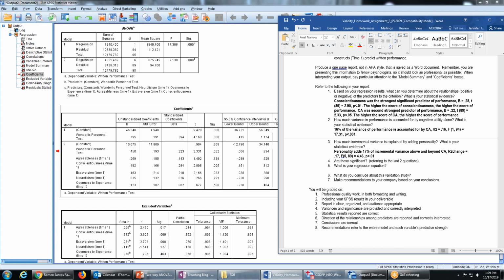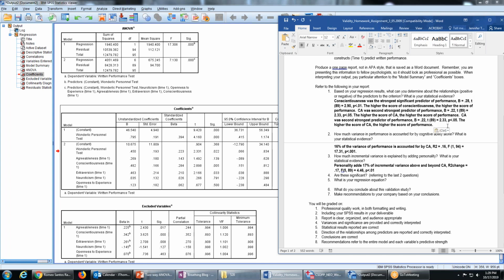Lastly, extroversion. And again, I'm just going to copy this. And then I'm going to say extroversion was the third strongest predictor of performance.